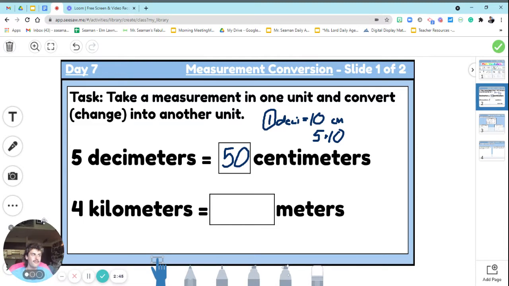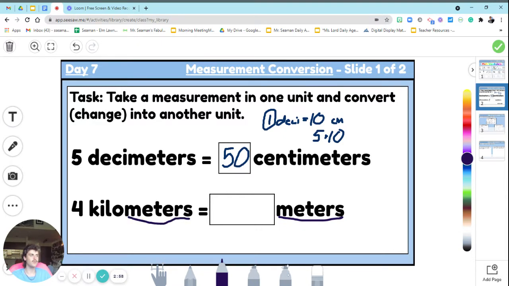Now, what about 4 kilometers? Think about the word kilo. Kilometers. We have meters, and the only thing is this prefix of kilo. What do you think kilo means? Kilo, K-I-L-O, means 1,000.